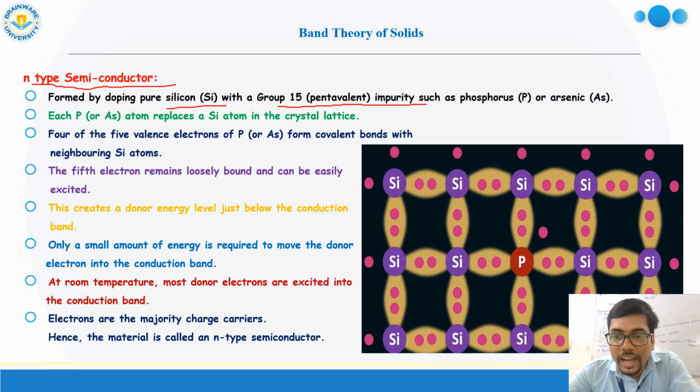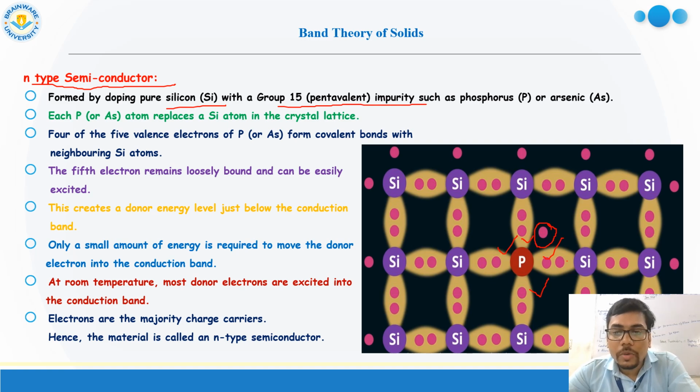Phosphorus has 5 valence electrons. Of these 5 electrons, 4 electrons combine with the electrons of neighboring silicon atoms and form 4 covalent bonds. So obviously one electron is unbound. It does not participate in bond formation. So this electron is free, right?